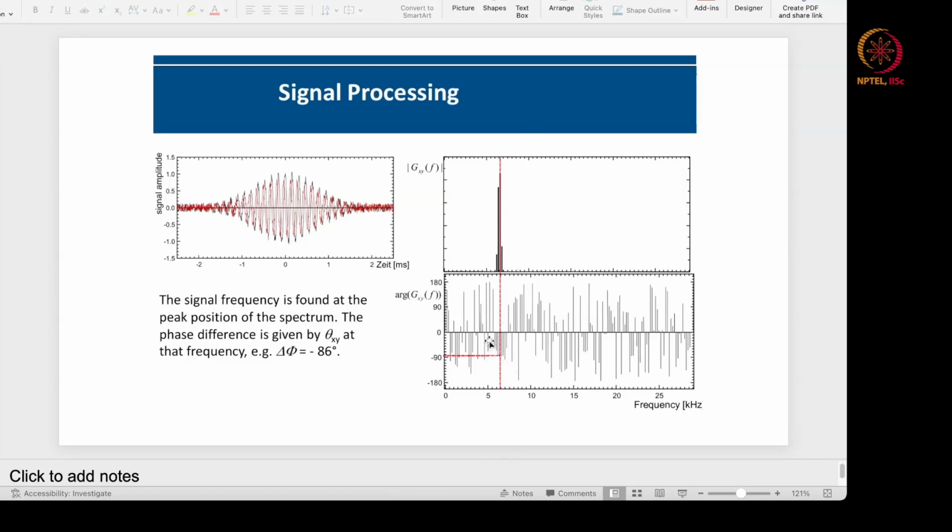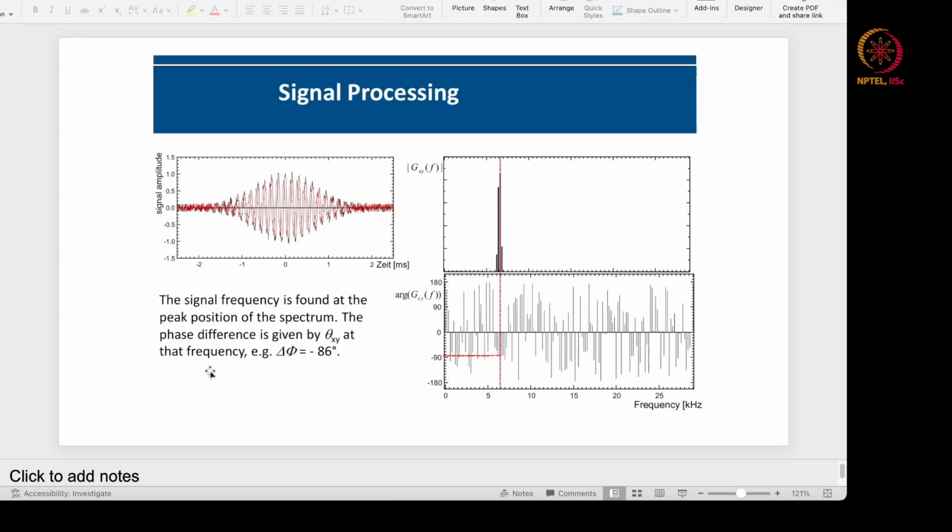The phase that you get, for example here, comes out to be around 86 degrees, and this is what you use to calculate the droplet diameter. The others, you can see, are sporadic. They are all in the noise level, but here, of course, you can use some kind of a signal fit also, but this is the principal signal.